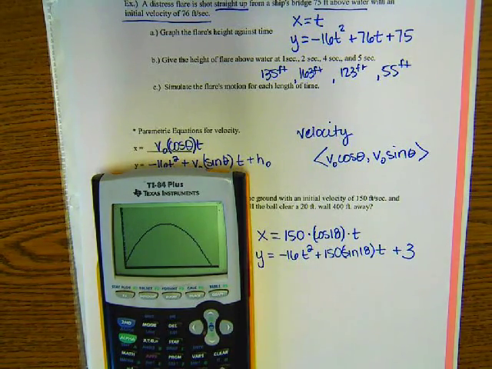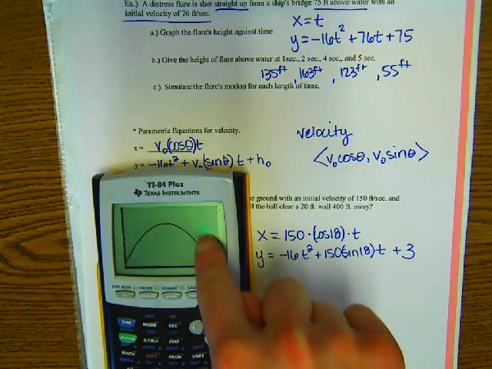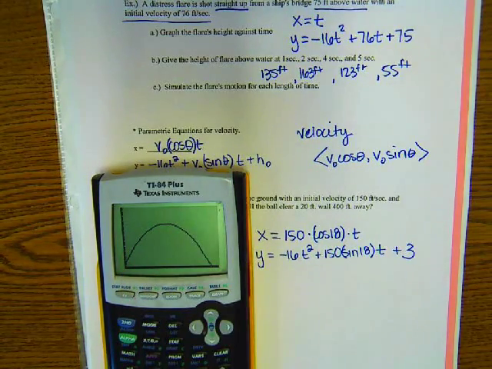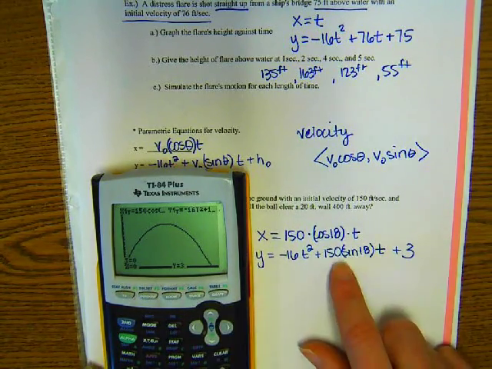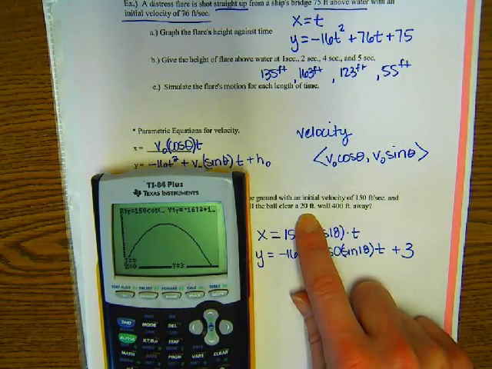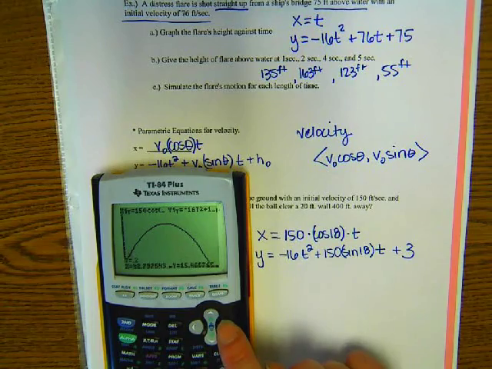If you wanted to figure out what its position was at different times, you could hit trace. So let me show you how you could figure out if it will clear the fence. We need to go 20 feet away. Oh no, hold on.